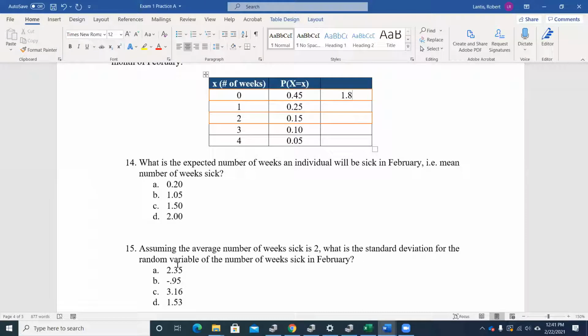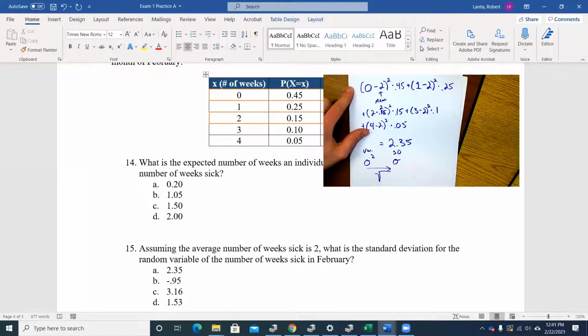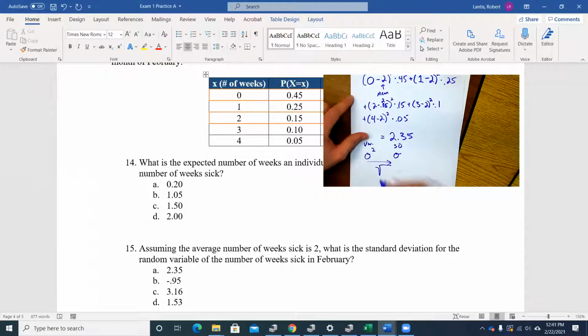To go from the variance to the standard deviation, here's our variance, here's our standard deviation. So I'm just taking the square root. So square root of 2.35, well, it has to be a smaller number. I'm going to go ahead and guess that it's 1.53 if I put that into my calculator. Okay.